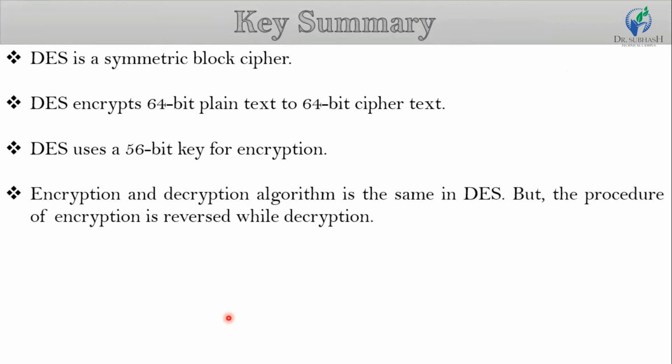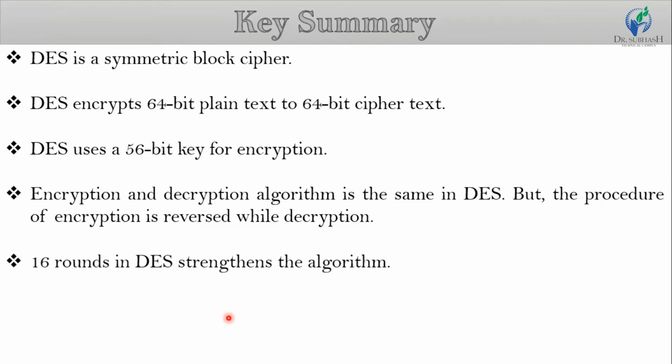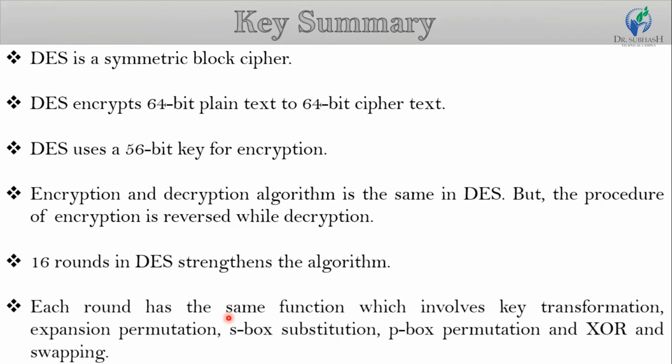The encryption and decryption algorithm is the same in DES, but the procedure is reversed for decryption. The 16 rounds in DES add to the strength of the algorithm. Each round has the same function, which involves key transformation, expansion permutation, S box substitution, P box permutation, and XOR and swapping. So this is all about the DES block cipher.